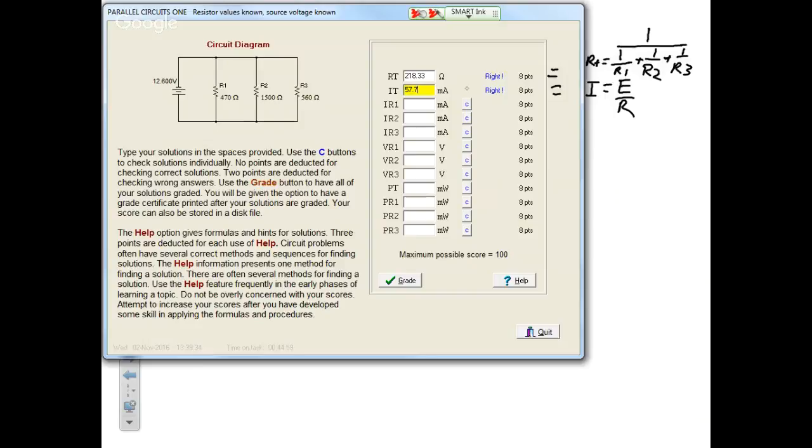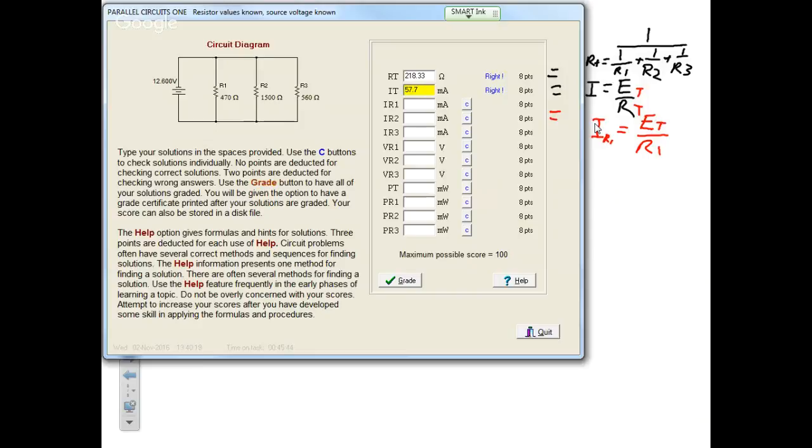Well, we can use the same one, except instead of using our RT, because that is total, we're simply going to substitute the individual values. So let's come down here and say, if we want to calculate the individual ones, I across R1 equals E, or voltage total, divided by R1. And we'll substitute the numbers in for each one of those values.